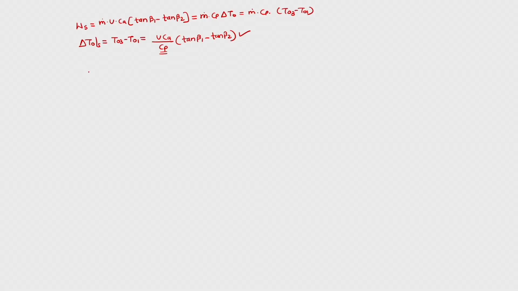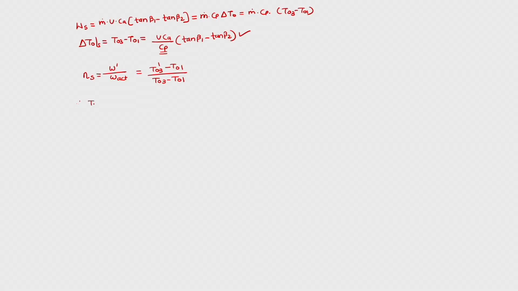Now we can find the pressure rise, but for that we know the isentropic stage efficiency for the compressor is the isentropic work input divided by the actual work input. So we have T naught 3 dash minus T naught 1 divided by T naught 3 minus T naught 1.